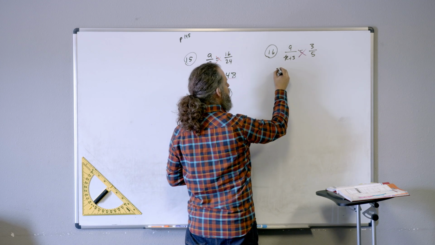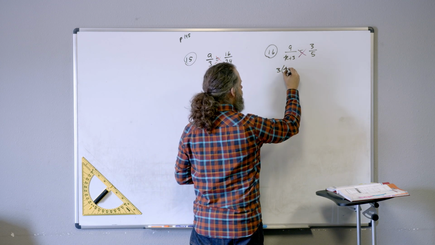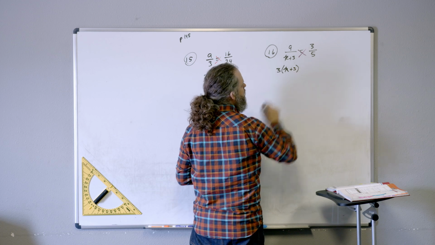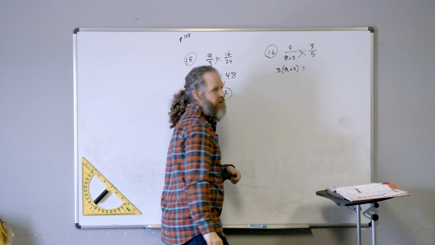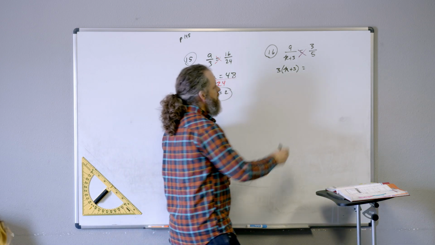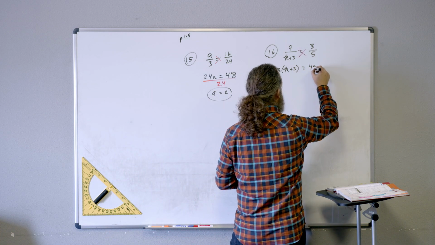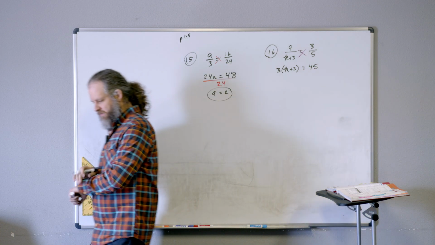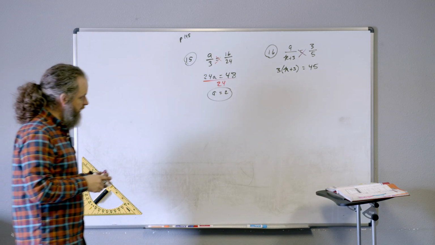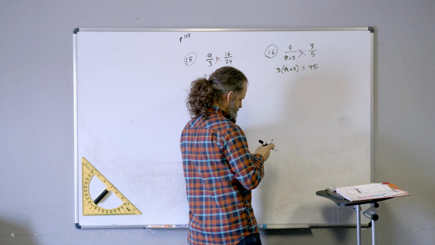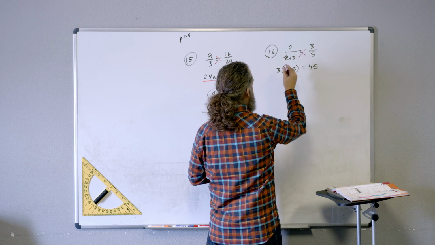It's got to be 3 times k plus 3, right? The other side's easy peasy. 9 times 5 is what? 45. So now what? Or you could divide by 3. You'll get there either way.